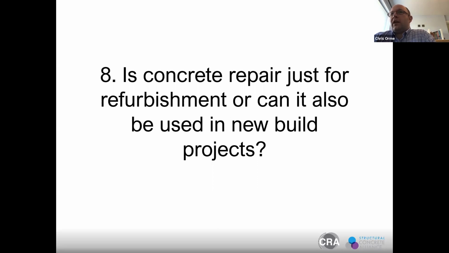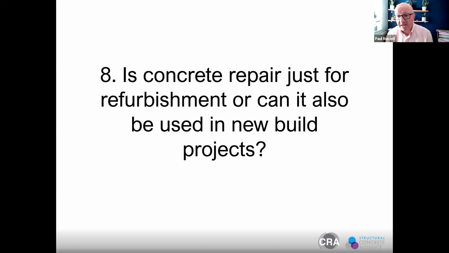We also get things like honeycombing, damage when shutters are removed, pinholes, rain damage to slabs, voids and mechanical damage. So obviously there's various things that you can do to repair the damages and issues that you have, but it is a big part of certainly what we do at Fosroc every day. So yeah, it's for both.